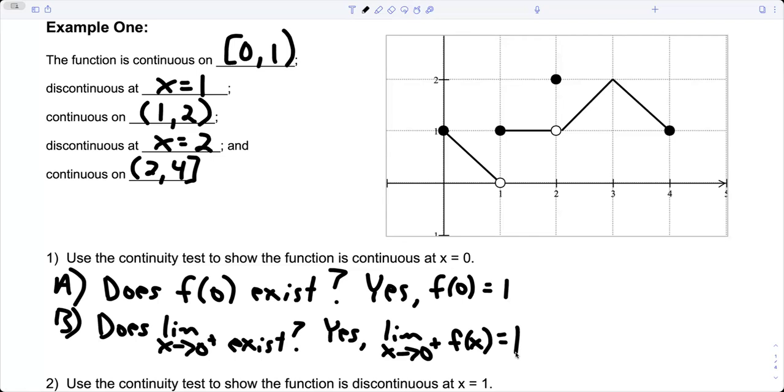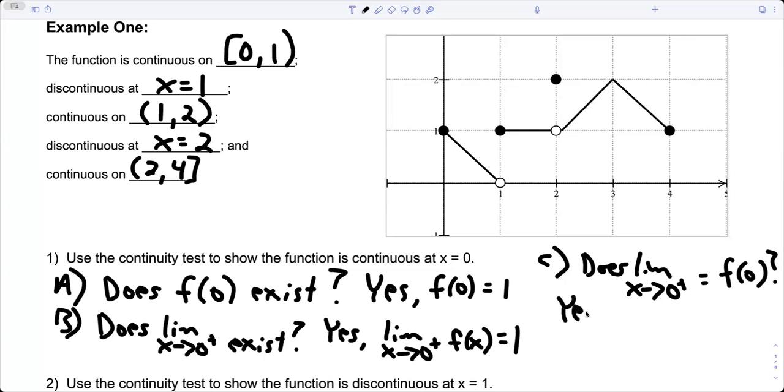And so part C would say, okay, point exists. The limit as x goes to that point also exists. Are those two things equal to each other? Yes, they're both equal to 1, therefore the function is continuous at that point. So we would say, does the limit as x approaches 0 from the positive side equal f of 0?